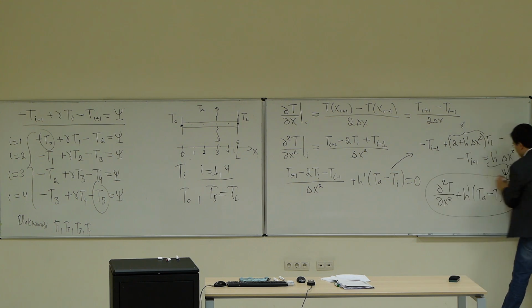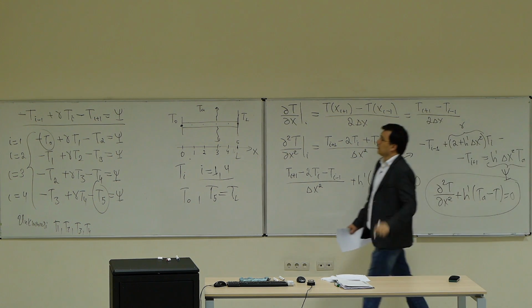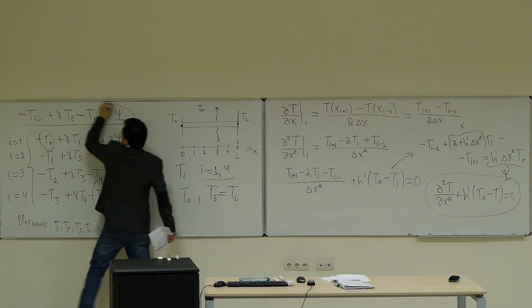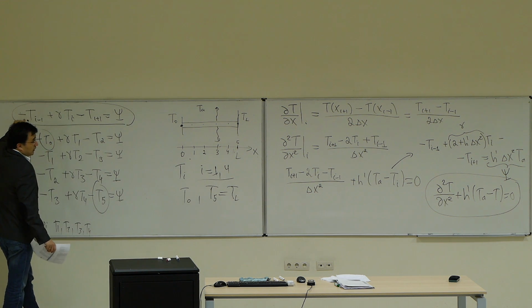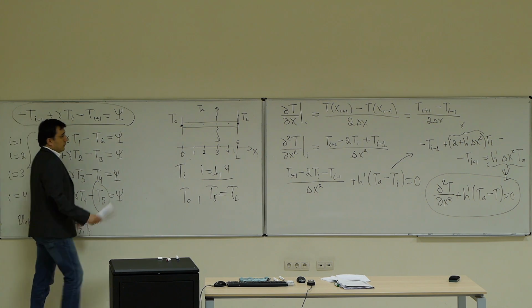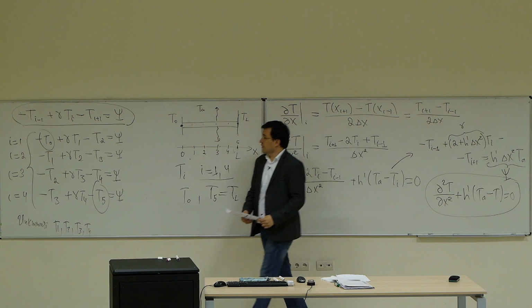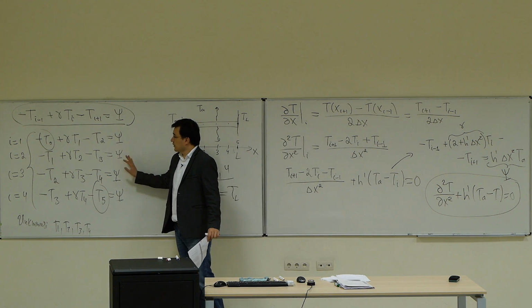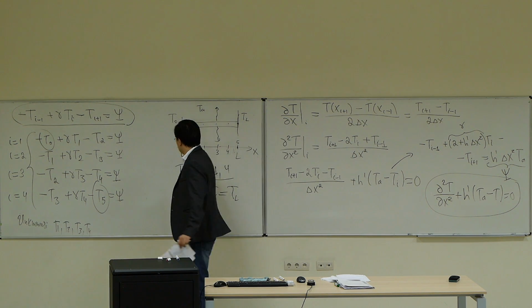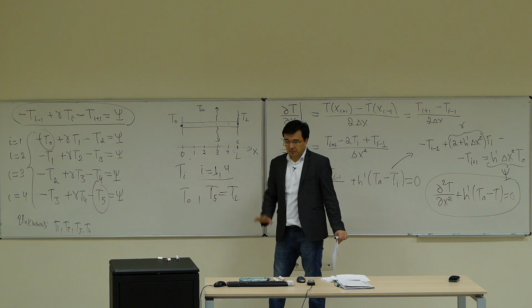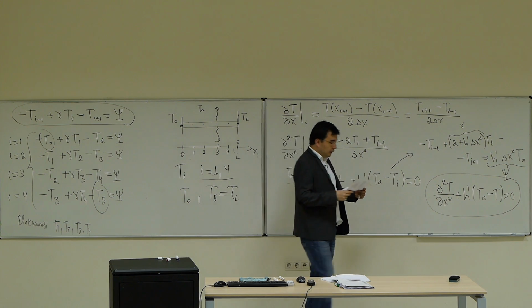I formulated its solution through this finite difference equation. I apply this finite difference equation at every interior point, and I get a system of algebraic equations. From a differential equation, I arrived at a system of linear algebraic equations. The solution of this system gives me T at these discrete points. So that's the idea behind the finite difference method.